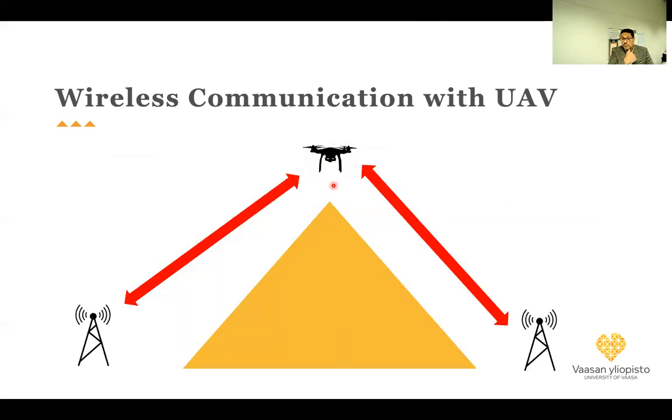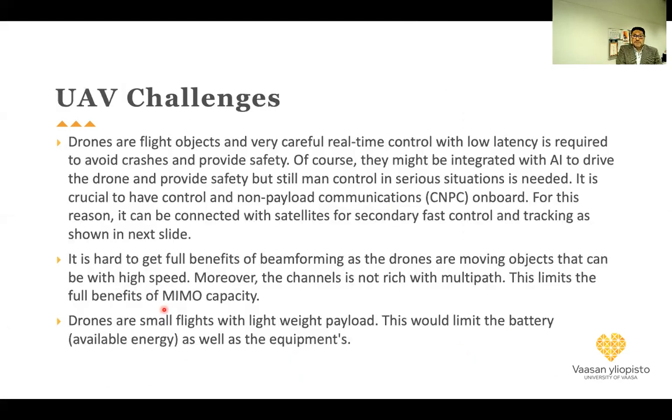Also, it can provide communication if we have natural shadowing, like mountains, for example. We can use a couple of them to provide a link between two different base stations.